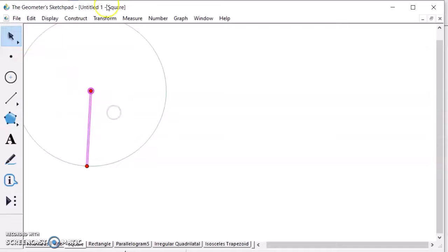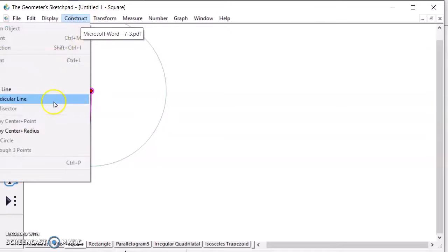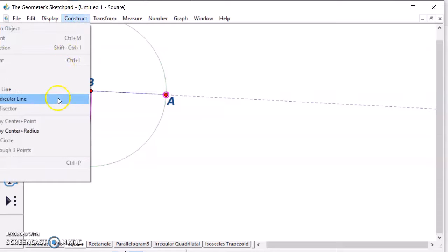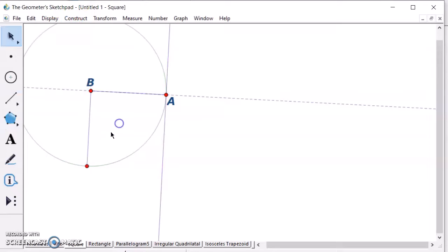So let me construct a perpendicular line there, grab that intersection point, and then I want a parallel line, so given the line and a point not on it, construct a parallel line and repeat that.